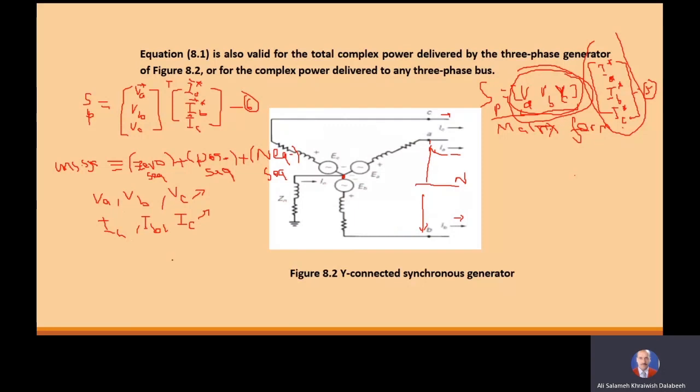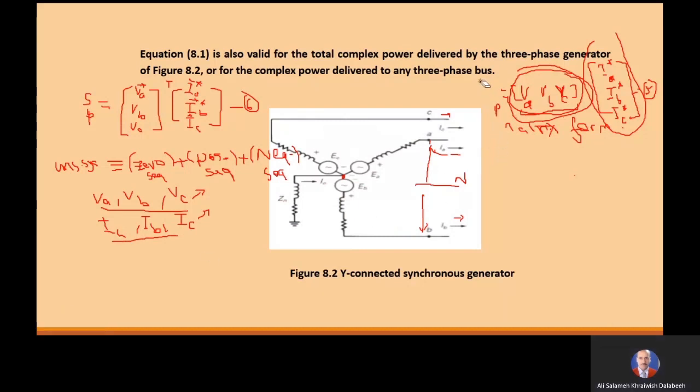The displacement between them is different than 120 degrees. We assume that our system is subjected to unsymmetrical force, then the system that we should analyze is unsymmetrical. Then the voltages are unsymmetrical and the currents are unsymmetrical.